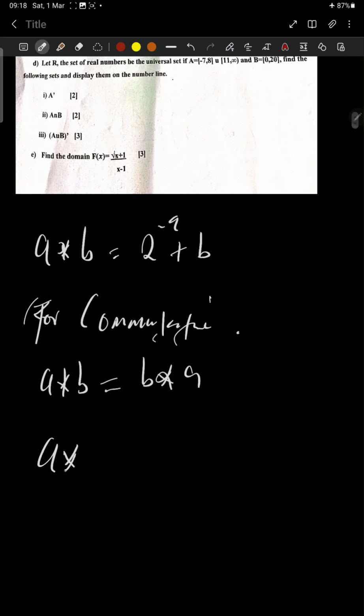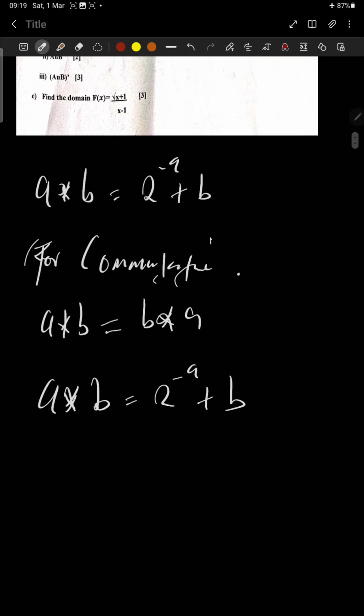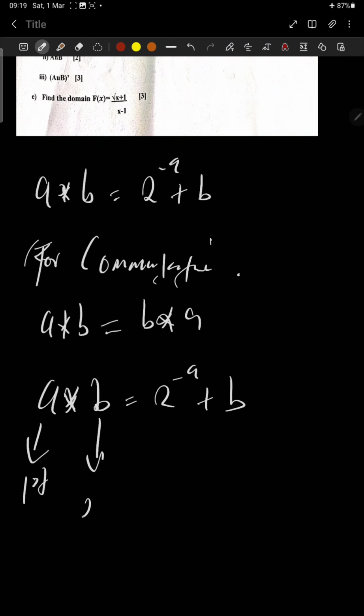We have a star b, which is 2 to the power negative a plus b. How are we reading this operation? We call this one the first number and this one the second number. So we are reading this as 2 to the power negative first number plus second number. It is like a computer program, which cannot differentiate between a and b, but it can differentiate between positions.